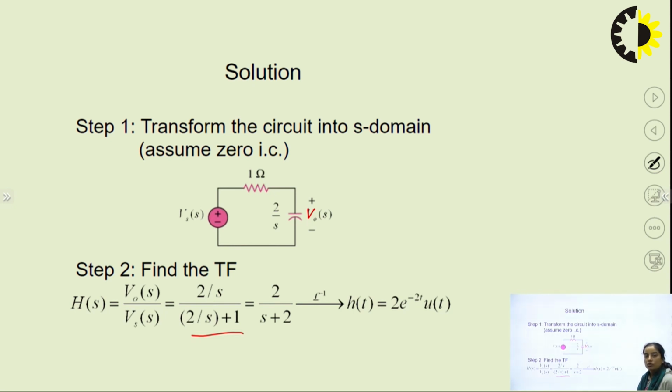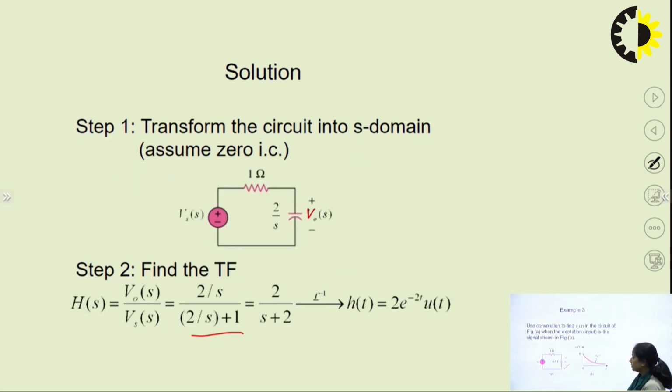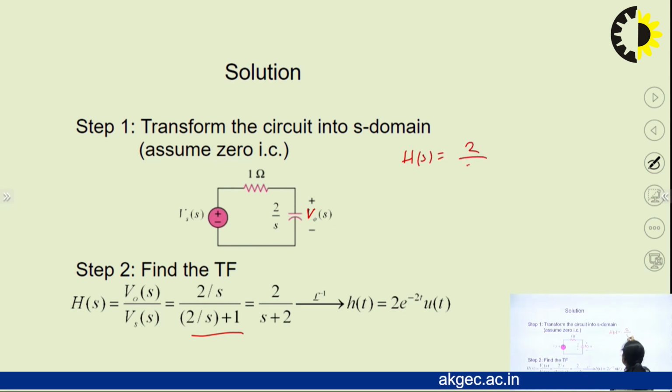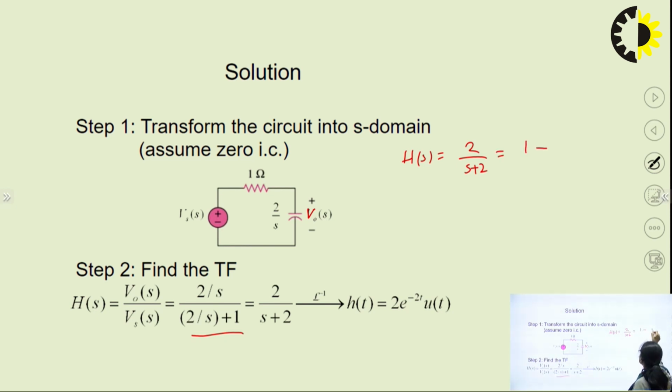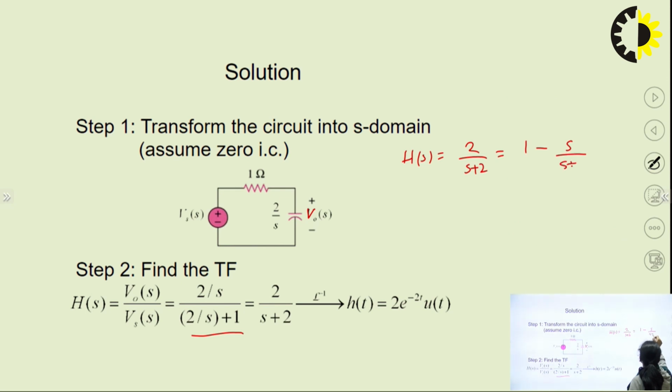Okay, so now if you need to calculate the output V naught T by using convolution, then you will have to calculate the inverse Laplace of this. Okay, so if HS is 2 upon S plus 2, you can easily write 1 minus S by S plus 2, you can write S divided by S plus 2.